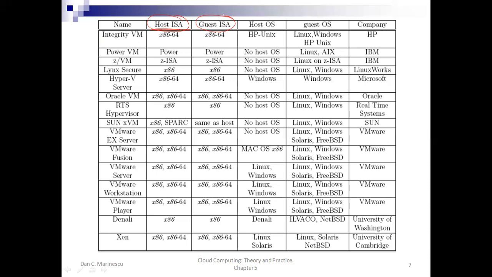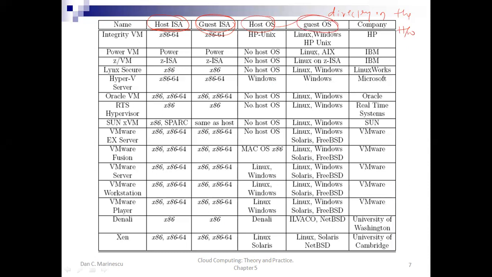Next, the virtual machine could run under a host operating system, which runs directly on the hardware, or under a virtual machine monitor.